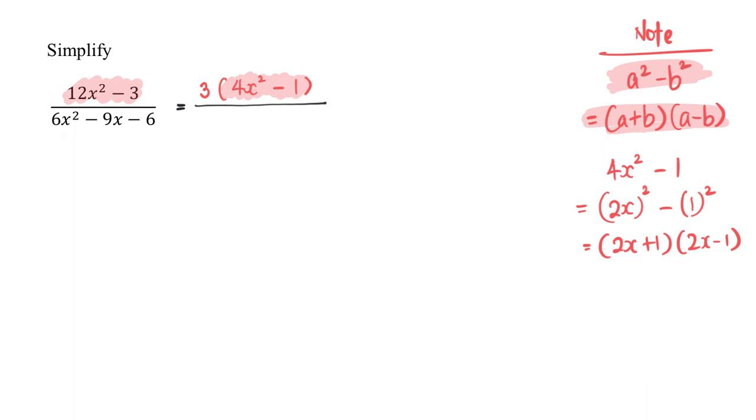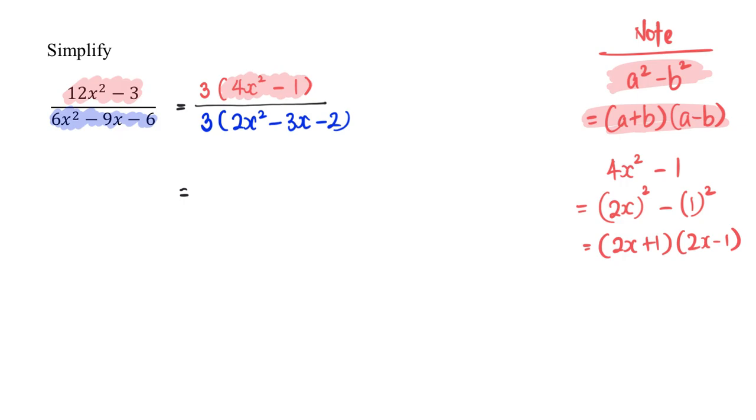So this part here, I could still just write this down first. And I also saw that for the denominator, we can all divide by 3. And I'm left with 2x squared minus 3x minus 2. Okay?